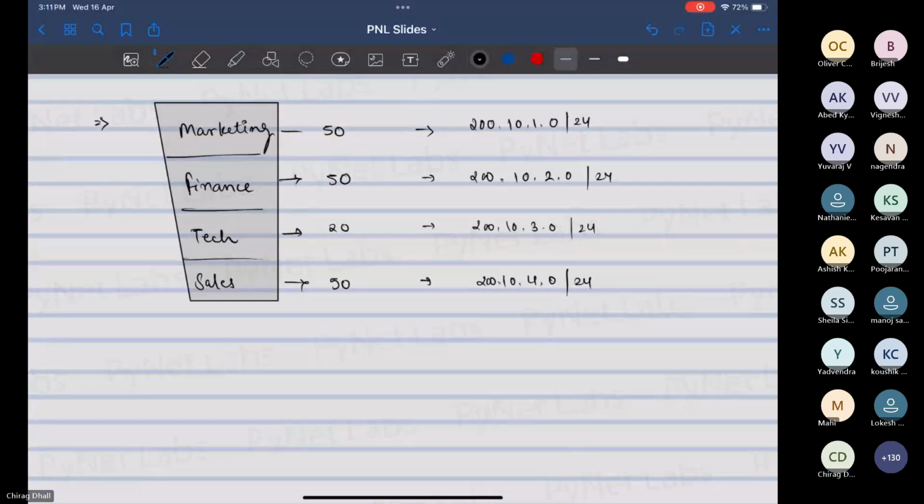Yeah. So this fulfills my requirement, but also causes a lot of IP wastage. How? The marketing team requires only 50 addresses. And how many addresses does this network give me? Let me know in the chat box.